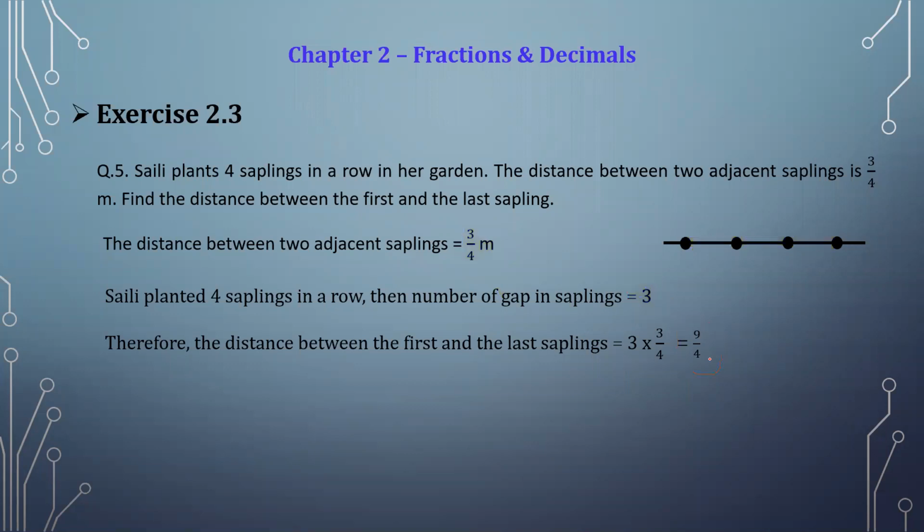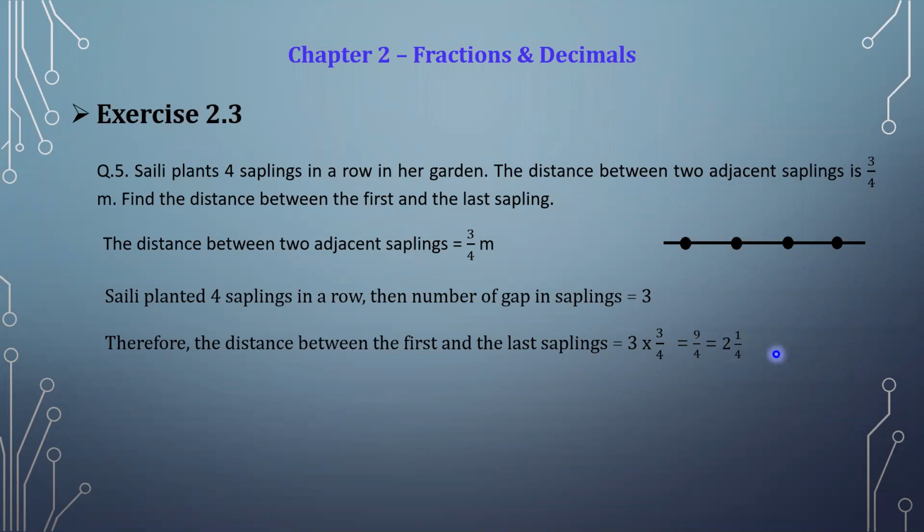If we have an improper fraction, we can convert it into a mixed fraction by dividing the numerator by the denominator. We know that 4 2s are 8. So 2 is the quotient, and 9 minus 8, which is 1, is the remainder. We write the mixed fraction as quotient, remainder over the denominator, which remains as it is.